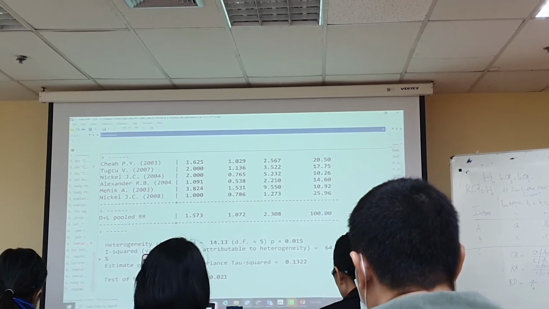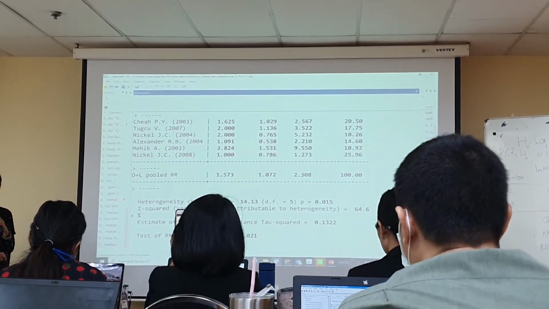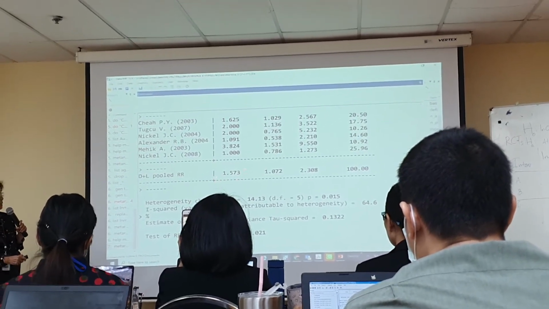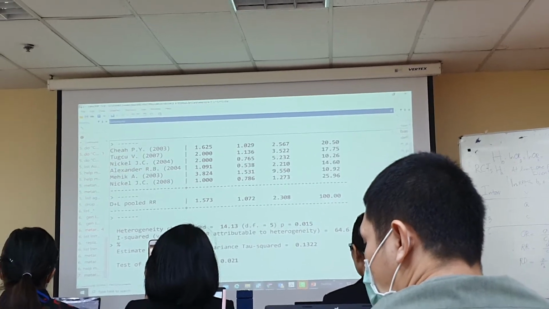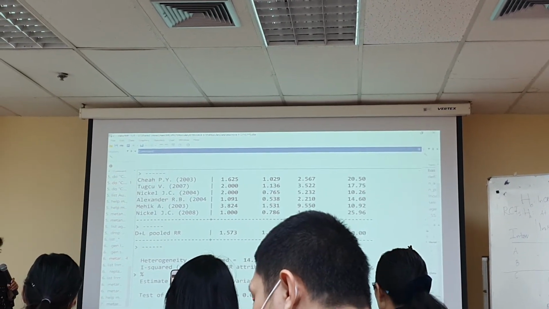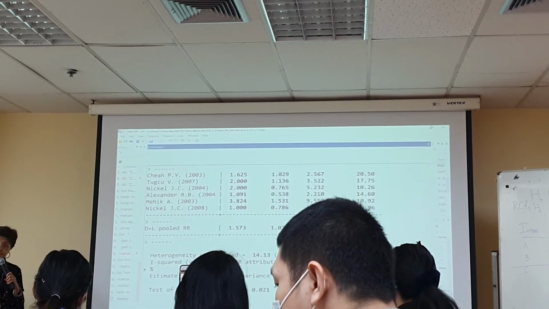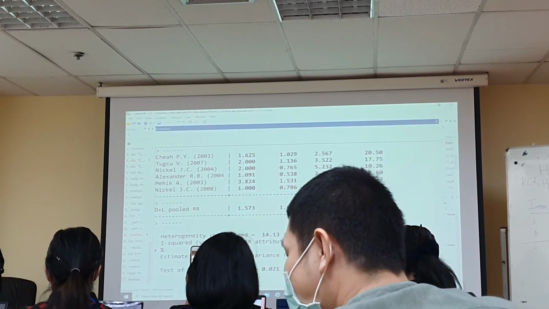So you can see the test of risk ratio equal 1, with the p-value equals 0.021, so we reject the null hypothesis that the risk ratio equals 1.